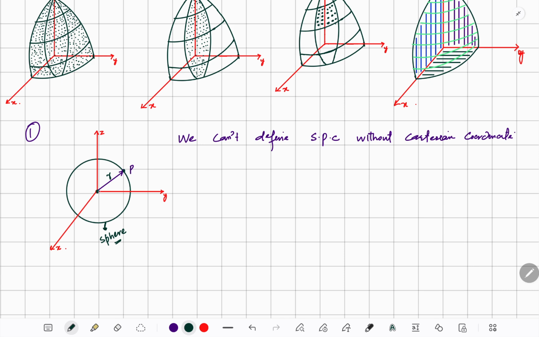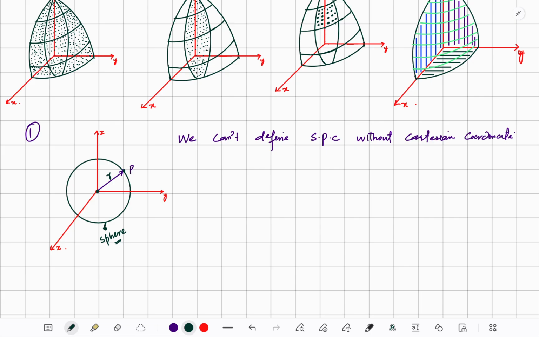This origin is common to both spherical and Cartesian, a common point in the two coordinate systems. This r is the same for every point on the sphere, because every point lies equidistant from the origin, the center of the sphere.